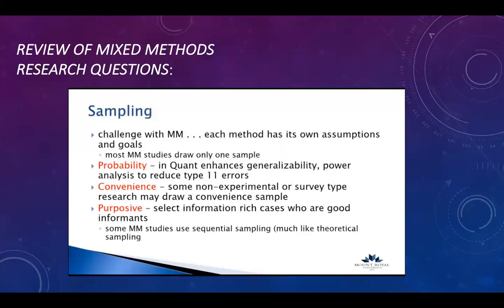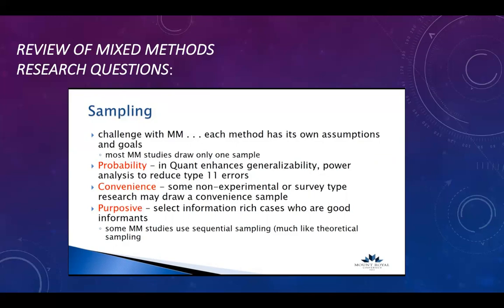Just to touch on sampling in mixed methods, it can be a challenge because each method has its own assumptions and goals, but most mixed method studies draw only one sample. So for the quantitative piece, it might be probability sampling. We know in quant, probability sampling can enhance generalizability, and we can do a specific power calculation to reduce type 2 errors.